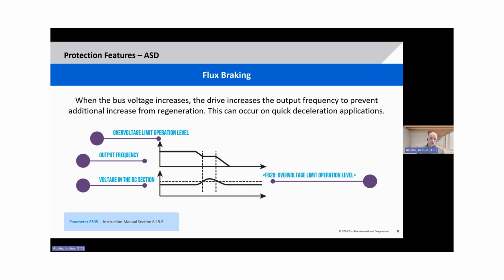When the motor is decelerating and the drive is reducing the output frequency, we can see that the DC voltage is increasing because of the regeneration from the motor. And so the drive can increase that deceleration time in the hope that it will reduce or eliminate the regenerative energy that's being created by that motor.